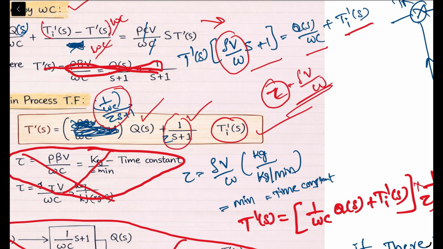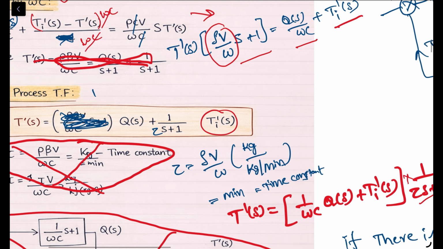This equation represents the process transfer function of a CSTR heating system. It shows how the reactor temperature responds to change in the heat input and inlet temperature. This is very, very important. The importance of the final diagram.